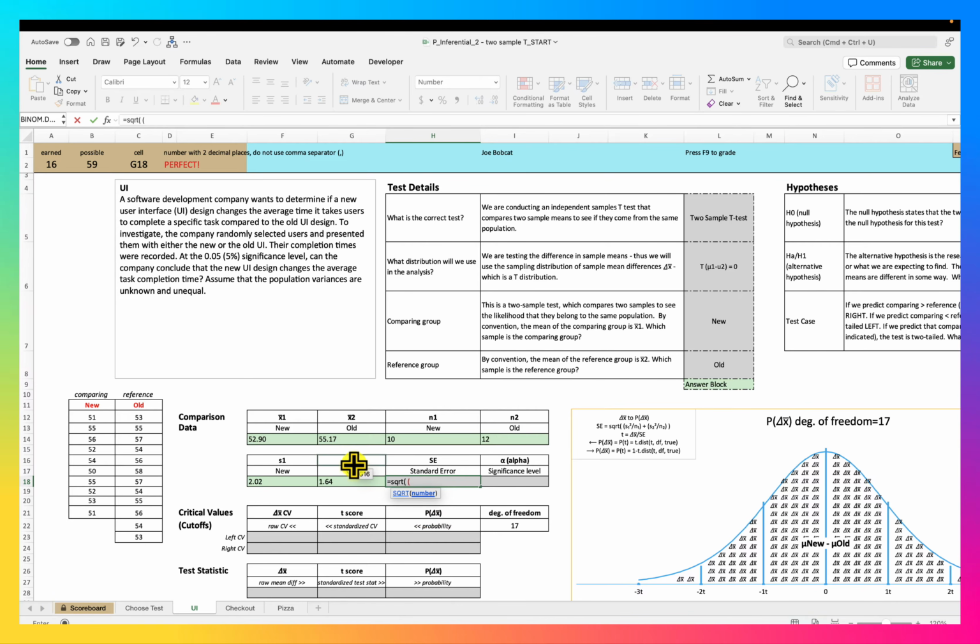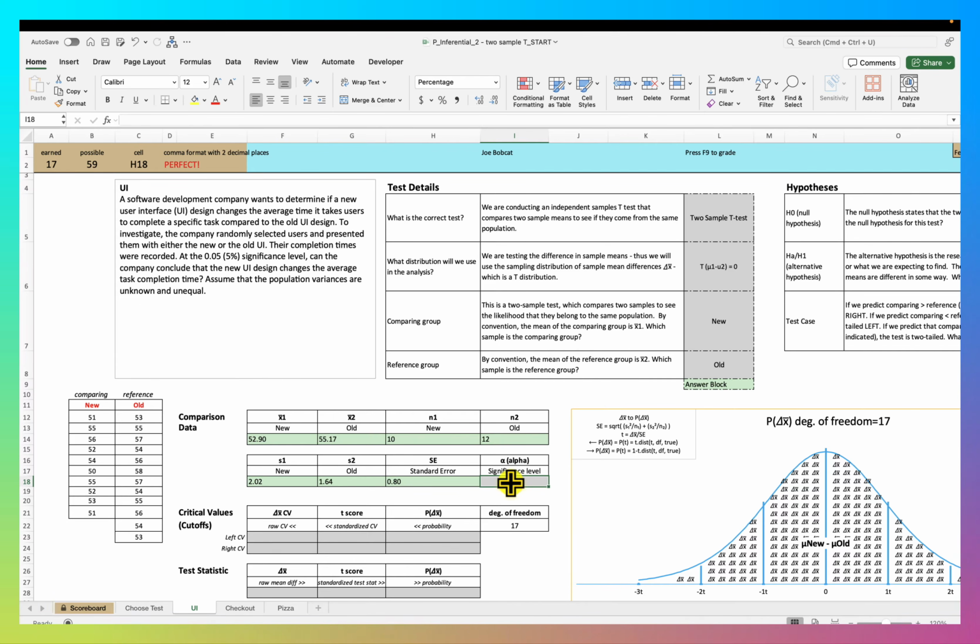And first we pick s1 squared, so it's that squared divided by n1, then a plus, open parentheses, s2 squared divided by n2, close that parentheses, close the outer, and that's our standard error, which notice is taking into account, in a way, kind of the average of those two standard deviations. Modified obviously by the sample size of each.